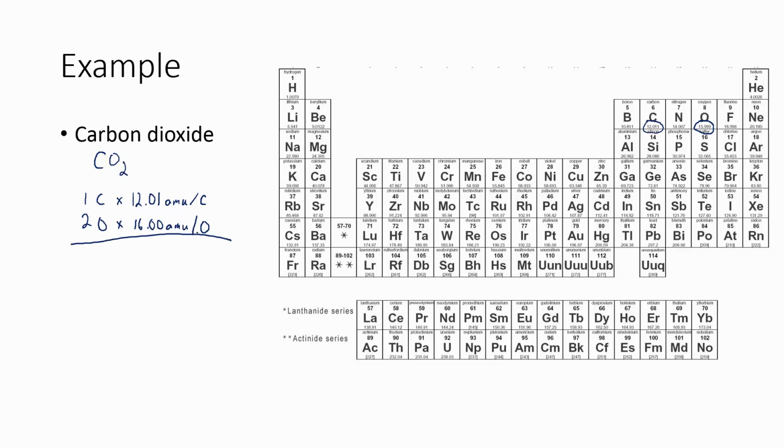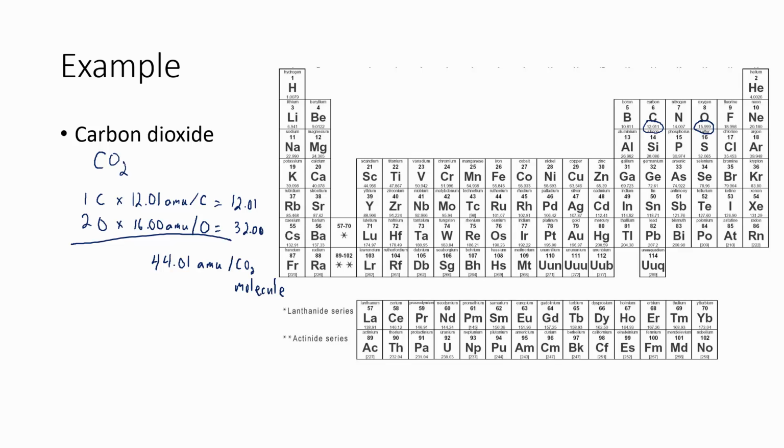So we add this up, two of those, 32.00, one of these, 12.01. The total here is 44.01 AMUs per CO2 molecule.